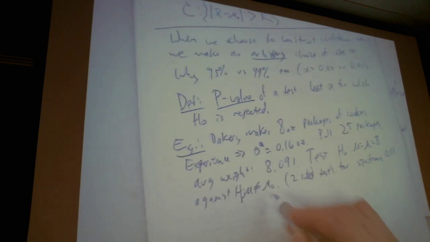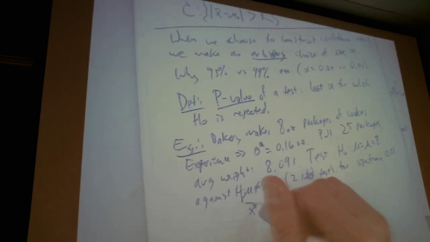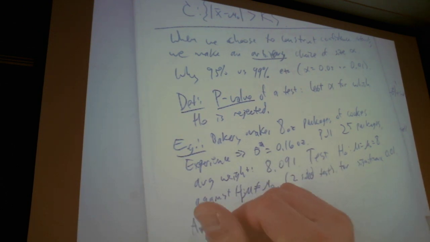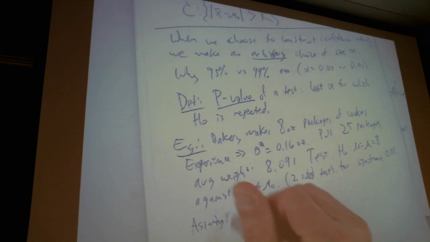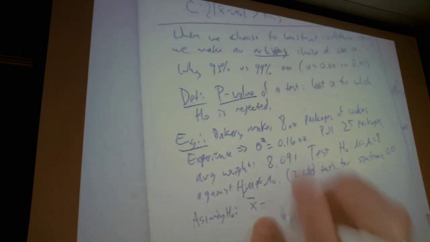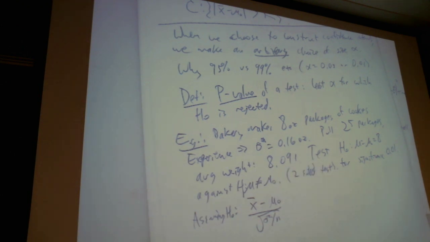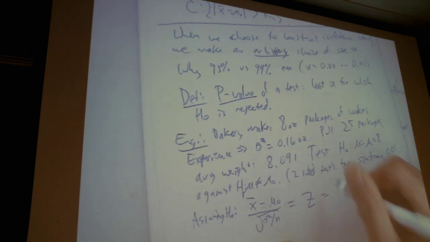Well, let's assume everything's Gaussian. Assuming H0, I have my x bar minus mu0 over the square root of sigma squared over n, which will be a standard Gaussian normal. So this is a z random variable, and when we plug in the numbers, this will be the z value.